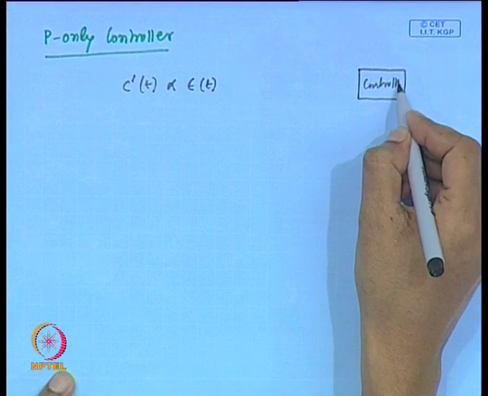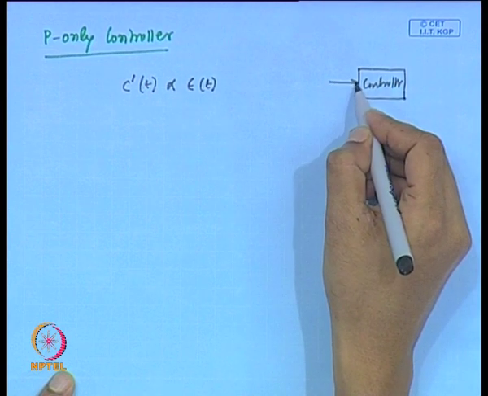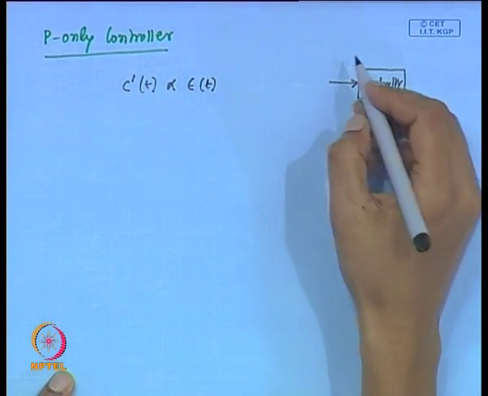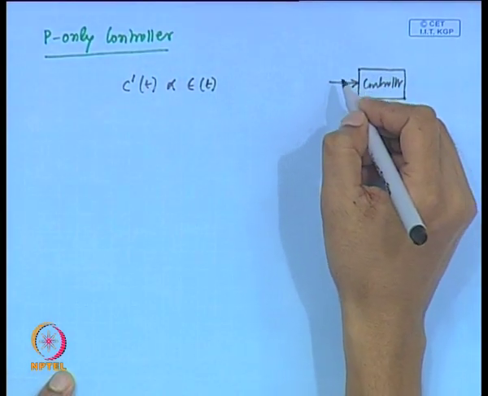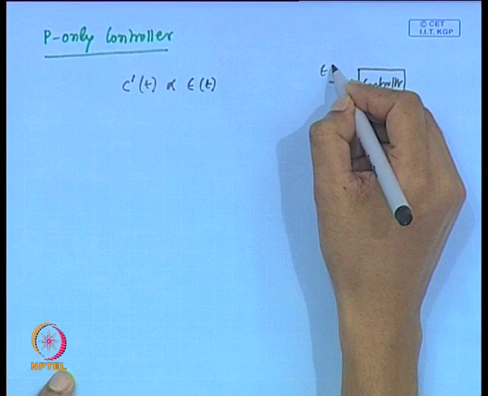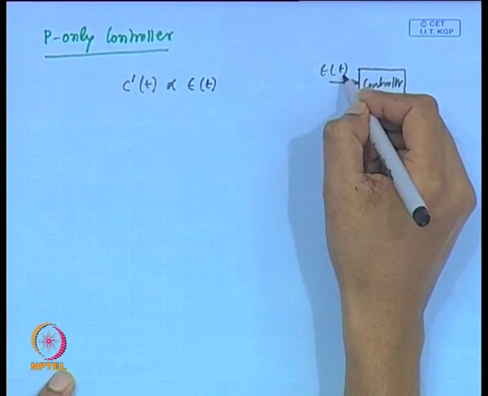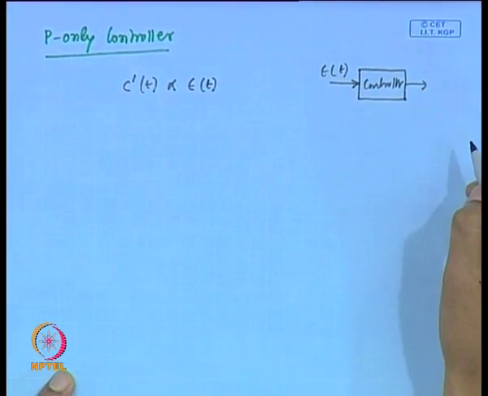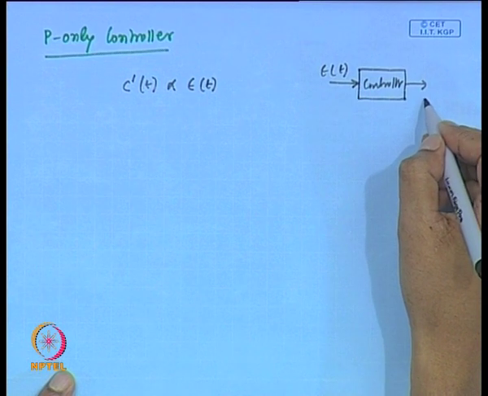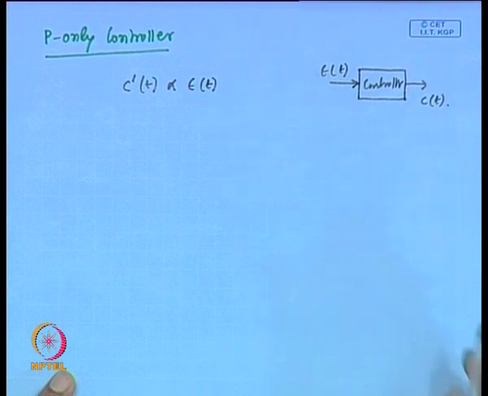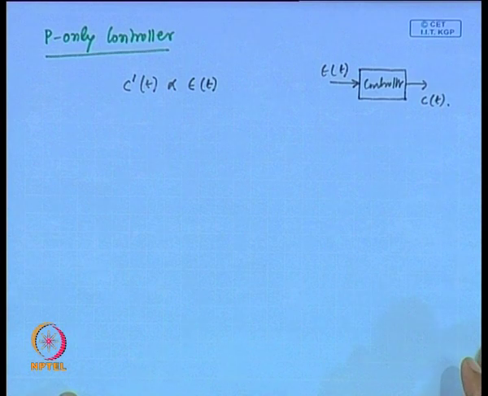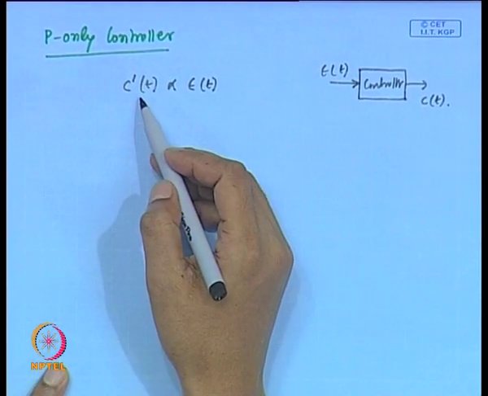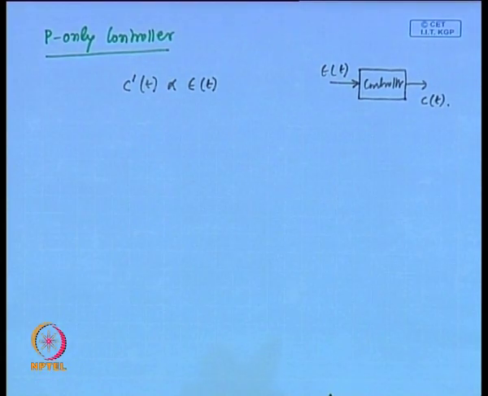If we see the control block, we observe that epsilon t is the input and C t is the output. Now, we have written here C in terms of deviation variables.